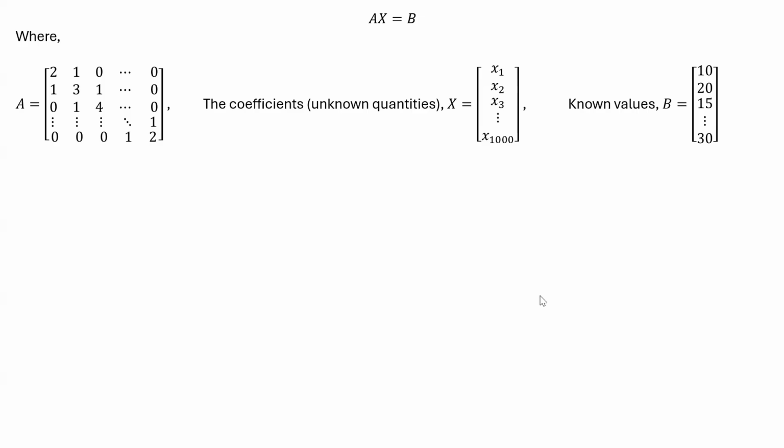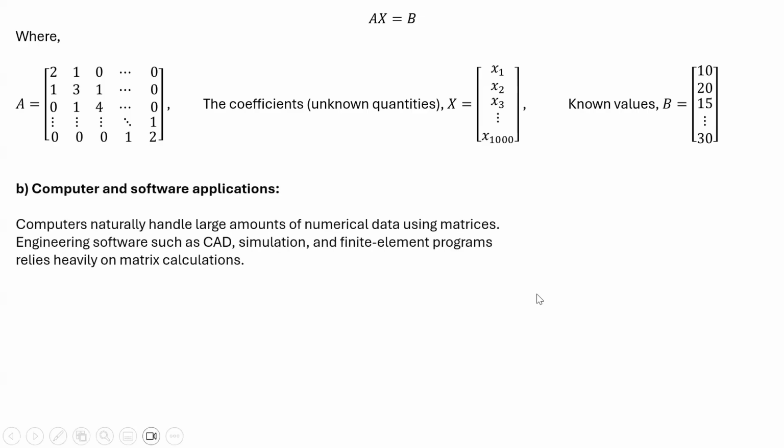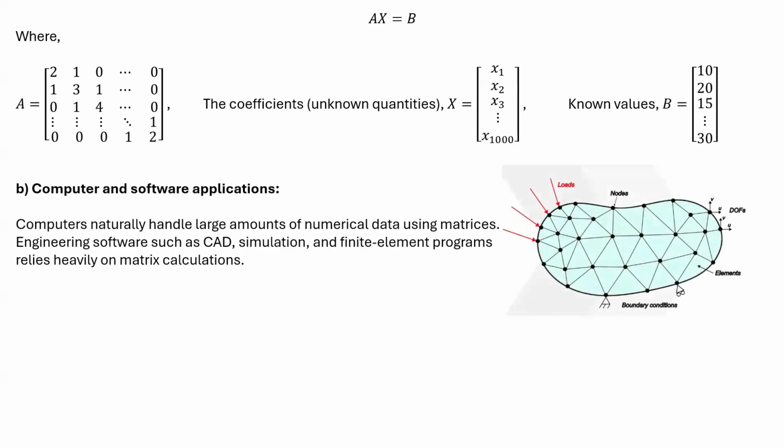Next, let's look at computer or software applications. As engineers, we run, let's say, CAD software or simulations, and these softwares heavily rely on matrix calculations. So for example, this is a particular object, and these are the boundary conditions, the roller, and then there are some nodes, and you're applying load on it.